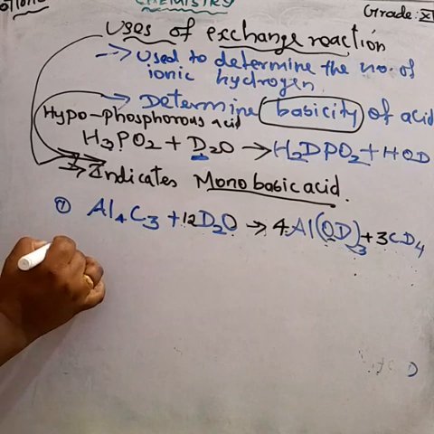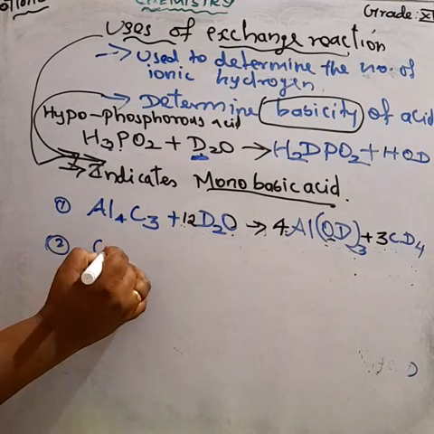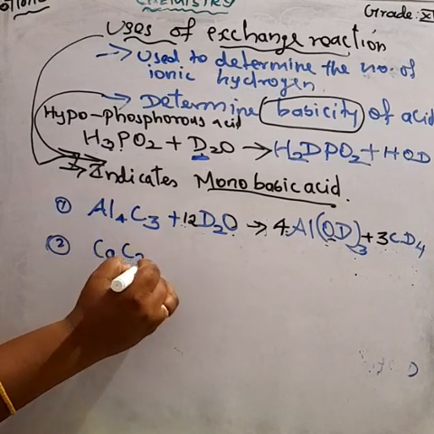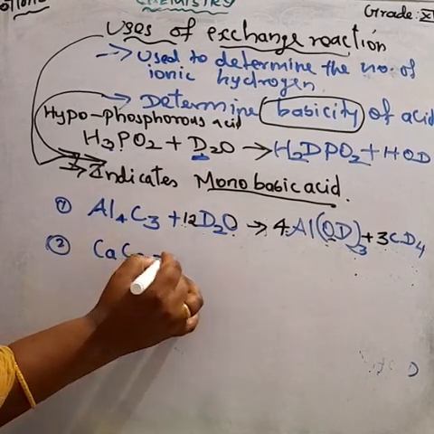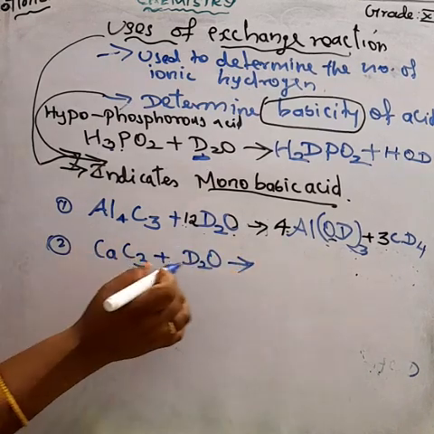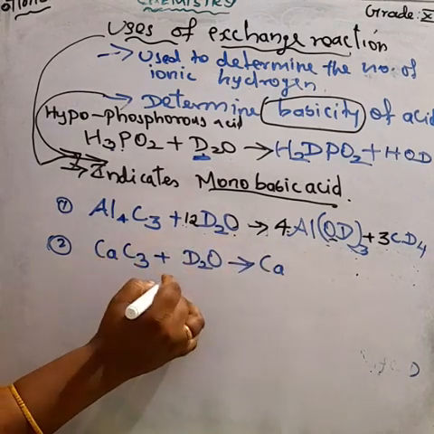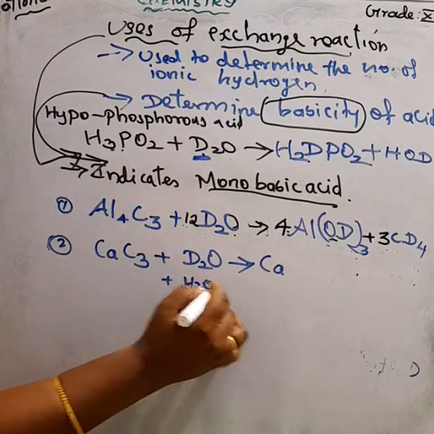Another example is calcium carbide. Calcium carbide, when treated with deuterium oxide, gives calcium deuteroxide. When calcium carbide is treated with ordinary water, we get calcium hydroxide.